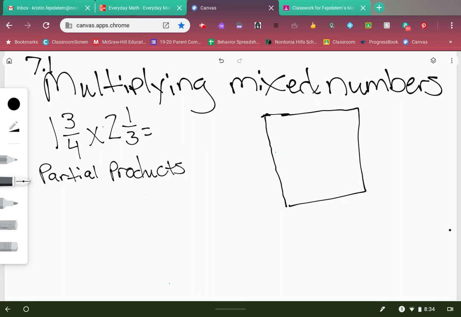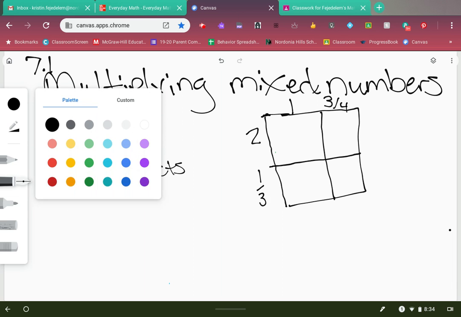So we're going to have the 1, and then we're going to have 3/4, and we're going to draw a line to cut that. But now on our width side, we don't just have a whole number. We have a 2 and a 1/3. So we're going to have to break that up on the width side and draw a line. So now we have 1, 2, 3, 4 partial products defined to answer this question.